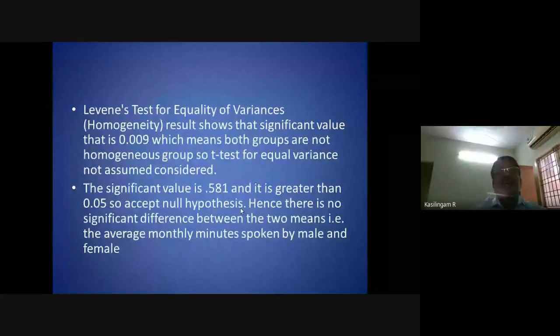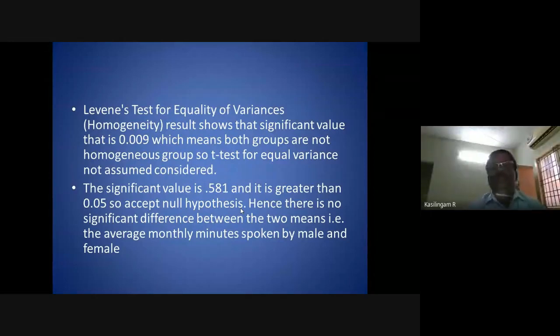Now, let me tell what I have written. The test for equality of variance shows that the significant value is 0.009, which is less than 0.05, which means both groups are not homogeneous. Equal variance assumed is rejected, which means not homogeneous.